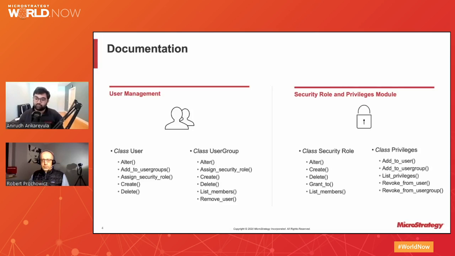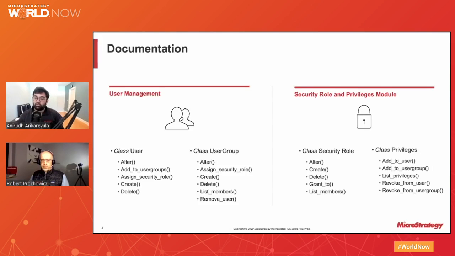On the other hand, for security role and privileges, we have a separate class for those. And this makes it very easy to maintain your security roles or privileges. For example, when you look at the security role class, you can easily create, alter, and delete existing security roles.